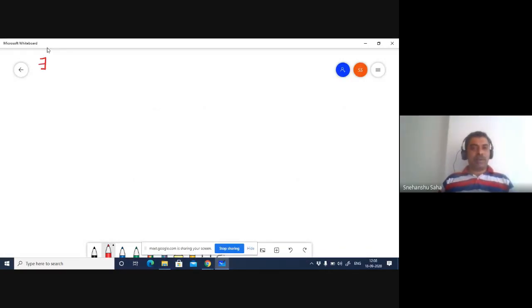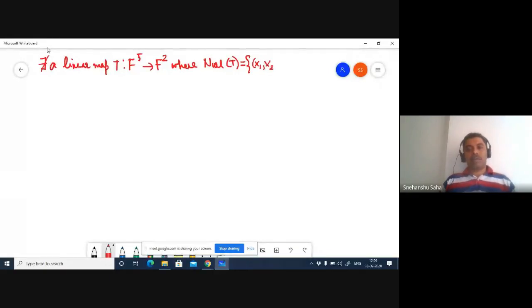There does not exist a linear map P from F5 to F2, where null of P is the set: x1 is 3x2, x3. All right.